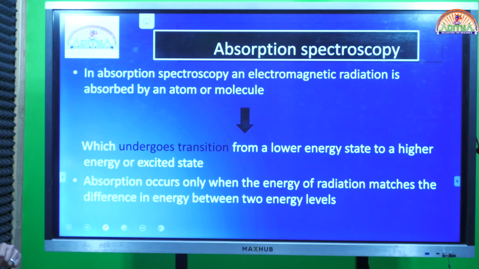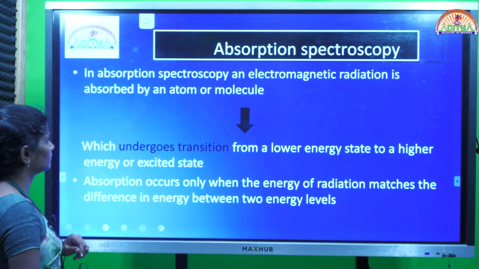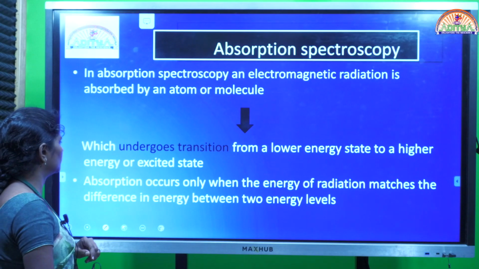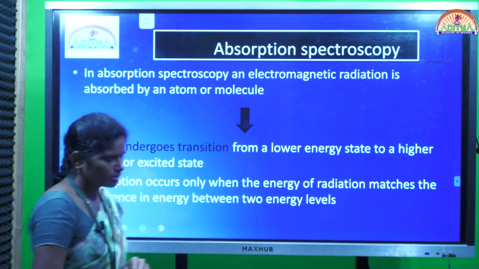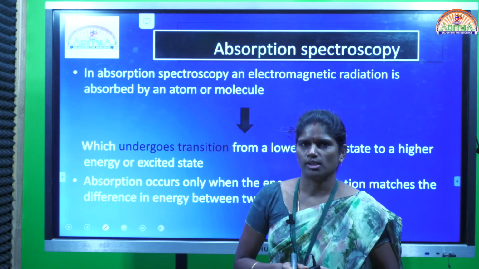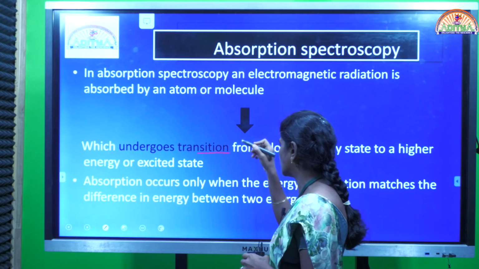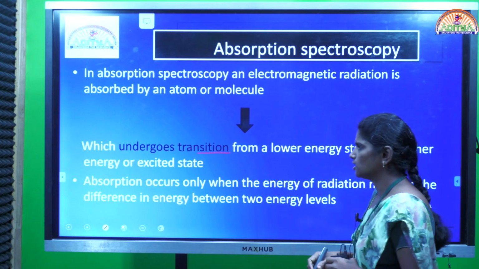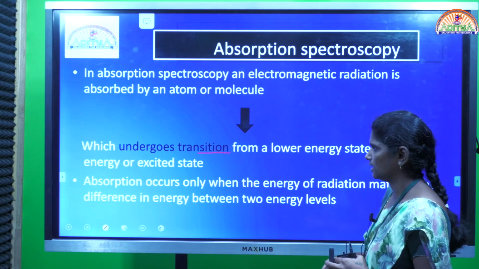So we are looking at absorption spectroscopy. In absorption spectroscopy, the interaction of your sample with the electromagnetic radiation results in the absorption of radiation. This absorption of radiation, which means the intake of energy from the radiation, results in the electronic transition from a lower energy level to a higher energy level, or to an excited state.